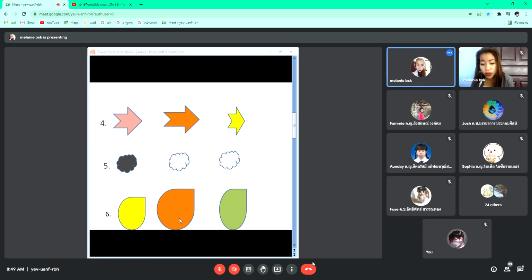Next, we're going to have focus 2 for number 6. For number 6, which letter occupies the biggest area? A, B, or C? Among the shapes. Focus 2.